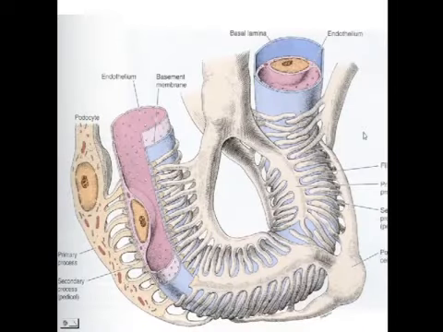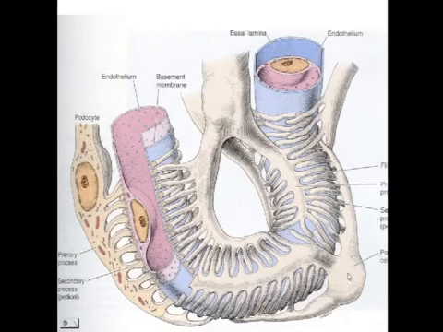What about the podocytes? Podocytes are large, irregularly star-shaped cells which share a common basal lamina with the endothelial cells of the glomerular capillaries. The cell bodies of the podocytes are located in the capsular space, 1 to 2 microns away from the basal lamina. From the cell body arise several processes.